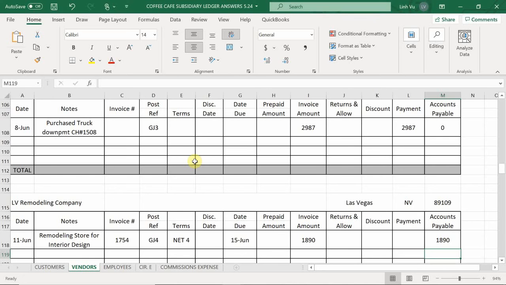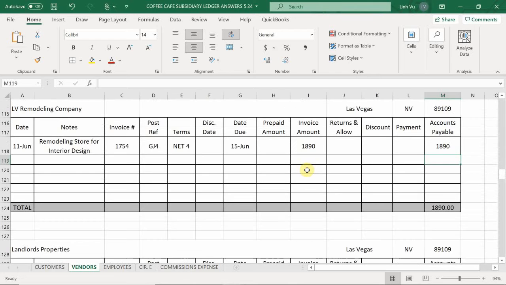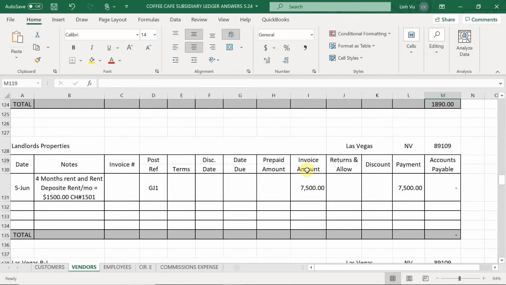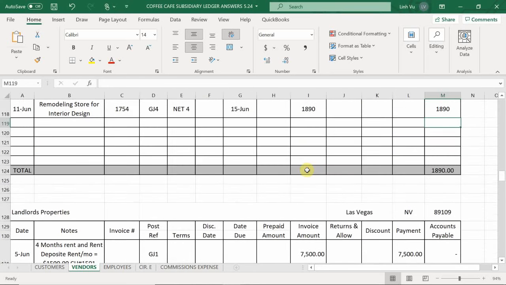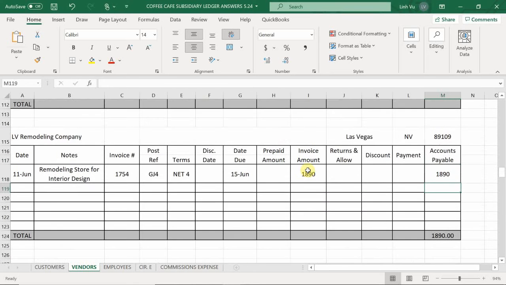You can take that formula and do it for every single table that you see here. So you could go equal invoice amount minus prepaid minus returns minus discounts minus payments.